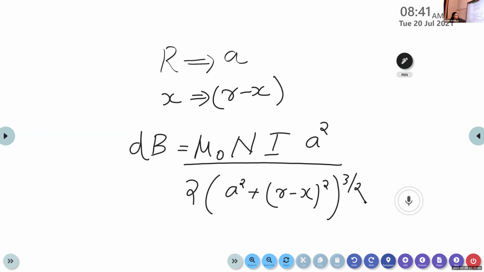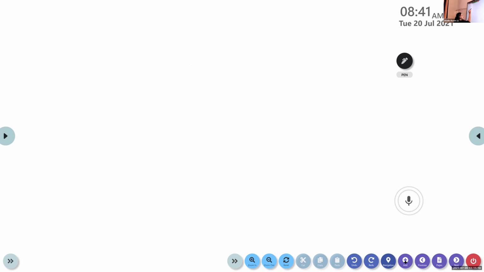Okay. Now what is the next step? Here the capital N represents the number of turns. But here we consider the number of turns per unit length. We know that the number of turns per unit length is N by L, where L represents the entire length of the conductor. N by L is equal to small n.